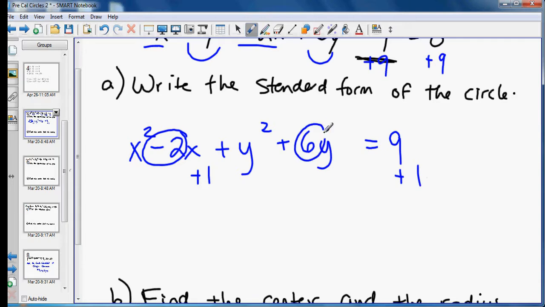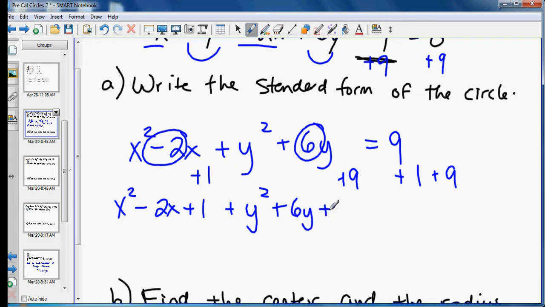We take the number in front of the y, which is 6, cut it in half, that's 3, square it, that's 9, so we add 9 to both sides. So you'll actually end up adding 2 numbers to the right hand side because you've had to complete the square 2 times. So we end up with x squared minus 2x plus 1 plus y squared plus 6y plus 9. And over here, that comes out to 19.